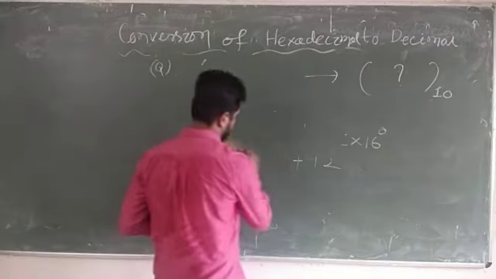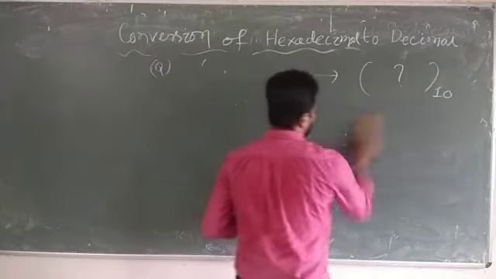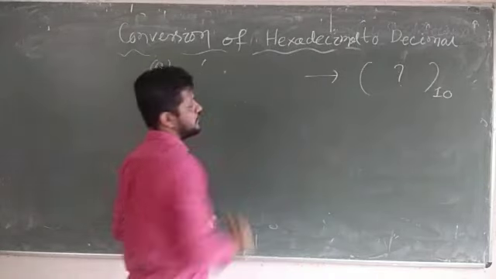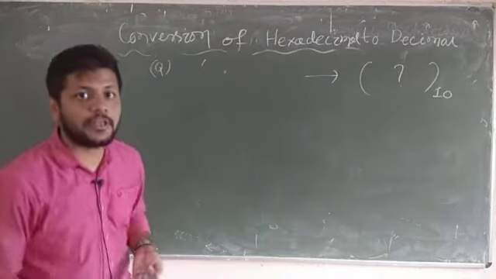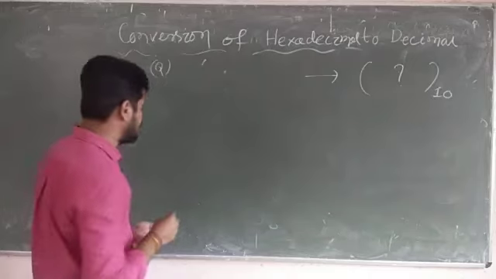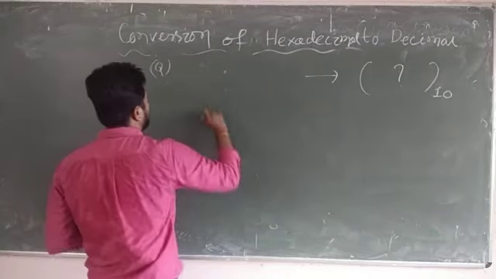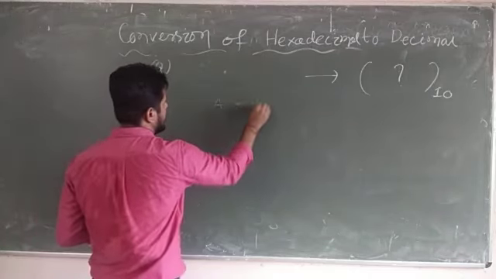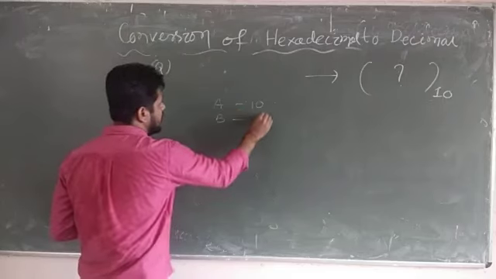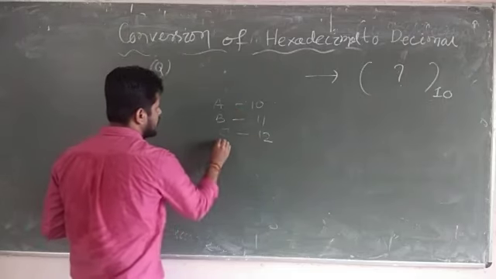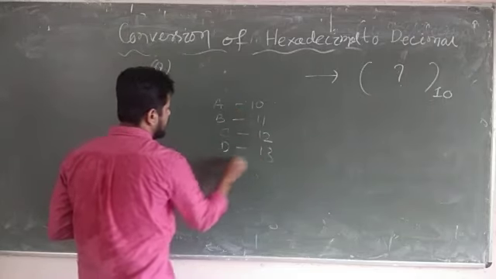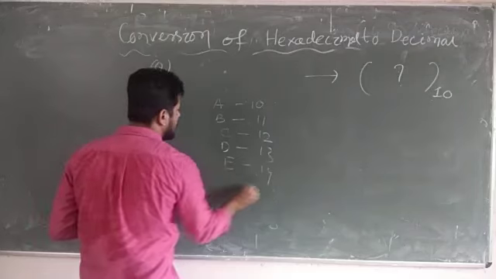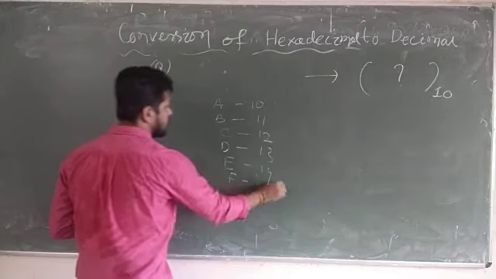Just you need to multiply the weight. Here we will have the range from 0 to 9 in hexadecimal and from A, B, C, D, E, F, that is up to 15. A means 10, B means 11, C means 12, D means 13, E means 14 and F means 15.